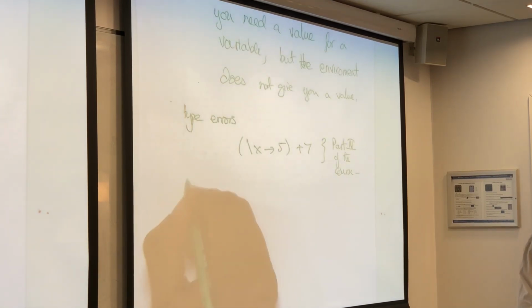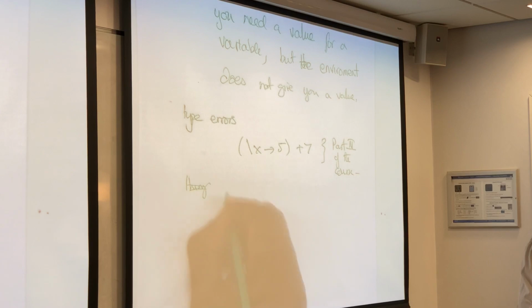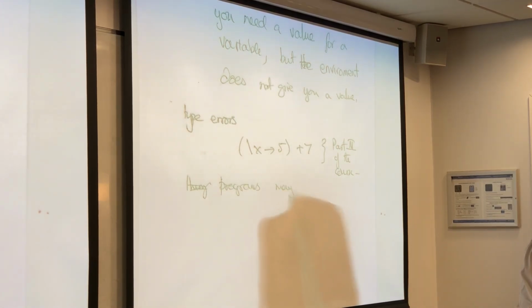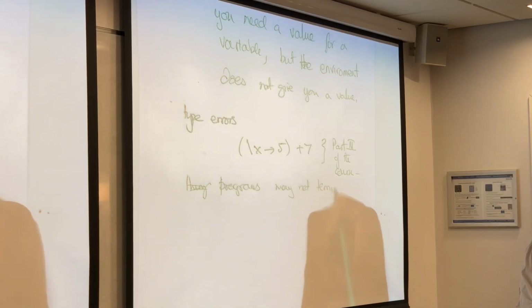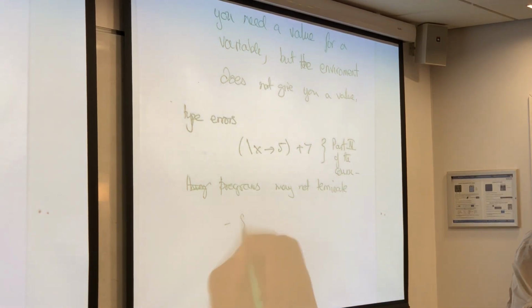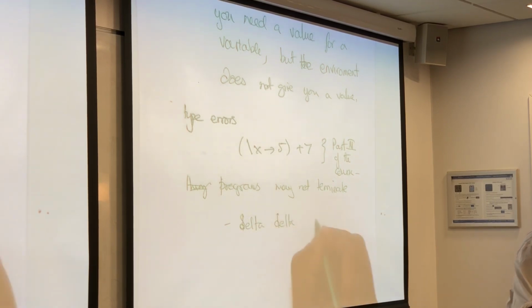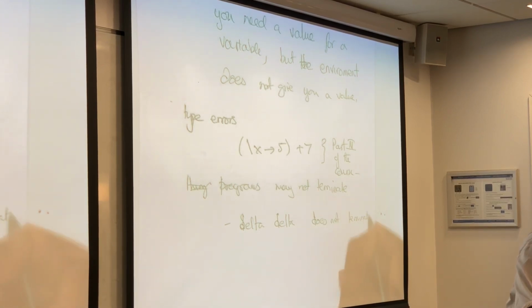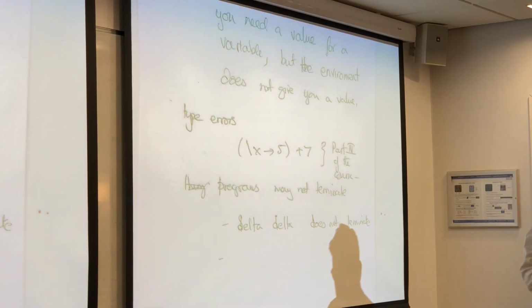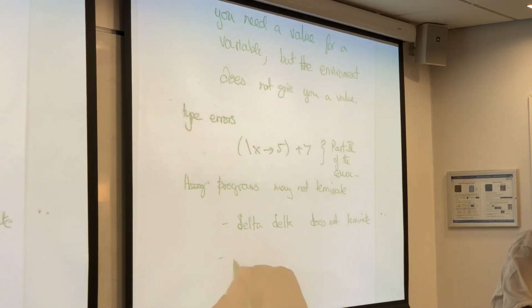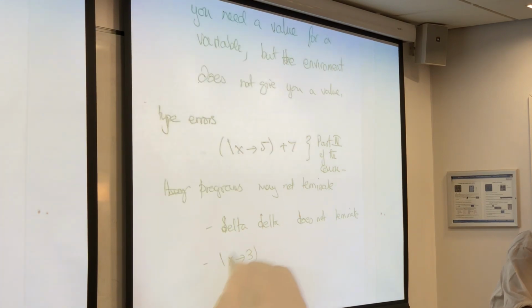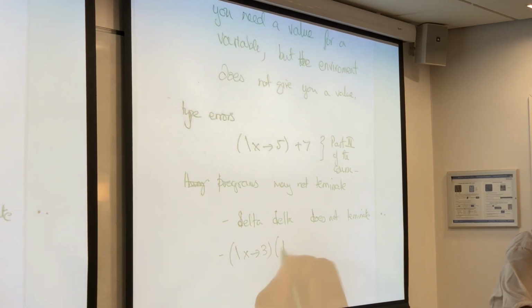And then finally, programs may not terminate. Connor gave you 2 examples. His delta does not terminate. But also it's more subtle. It can depend upon the evaluation strategy. So that's the example lambda x dot 3 applied to delta.